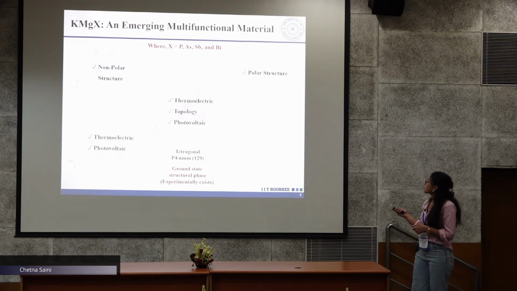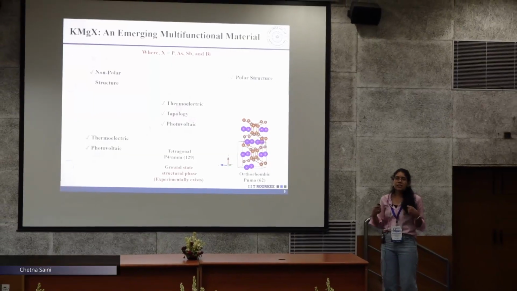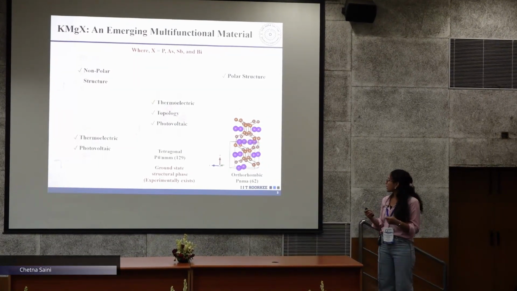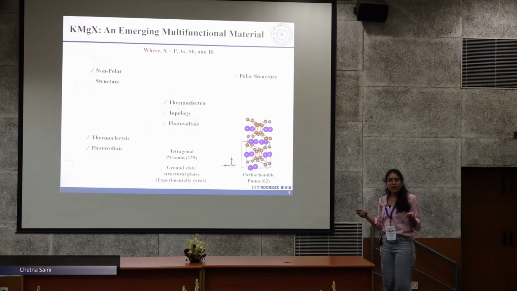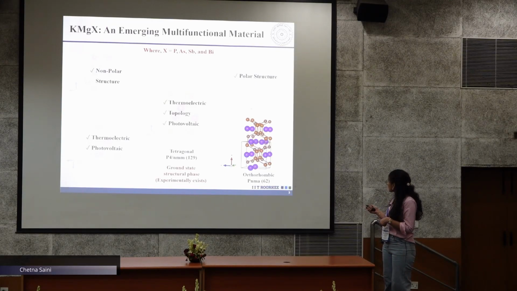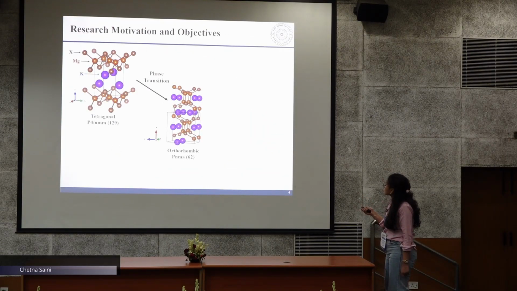And the next phase of the KMGX family is the orthorhombic phase, which remains largely unexplored. Although many ternary compounds exist in this phase, this motivates us to explore it. Since this orthorhombic phase is a translationengleiche subgroup of the experimentally reported tetragonal phase, it can be accessed through a phase transition.